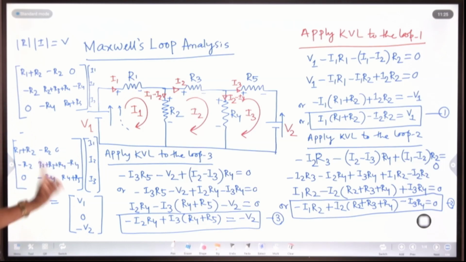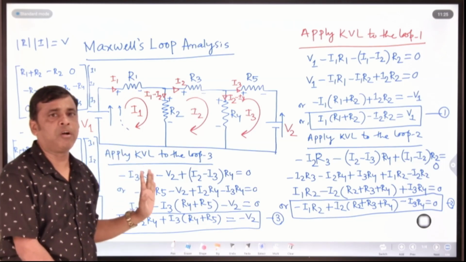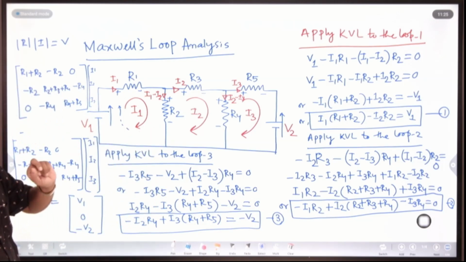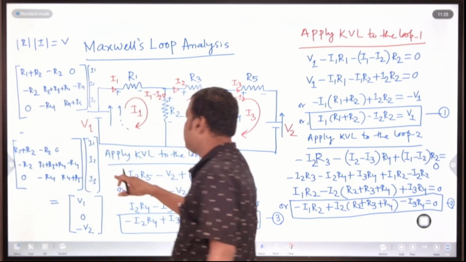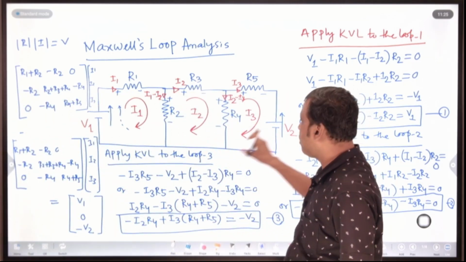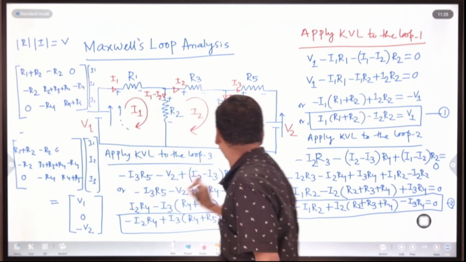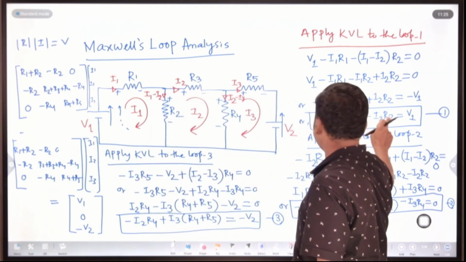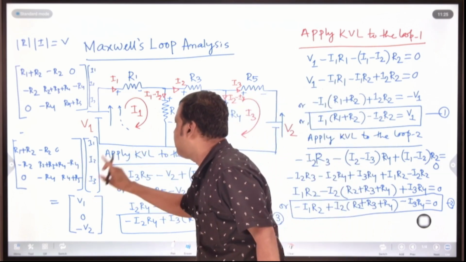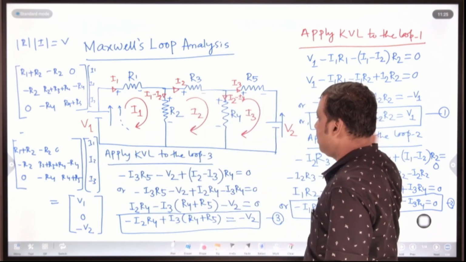Then if I multiply this, whether my equation is satisfied or not, look at this first equation. If you multiply this one, matrix multiplication, R1 plus R2 into I1 plus I2 into minus R2 plus I3 into 0 equal to V1. Look at this equation, satisfied or not? This is your I1 into R1 plus R2, minus I2 R2, and 0 into I3, there is no term containing I3, equal to V1.